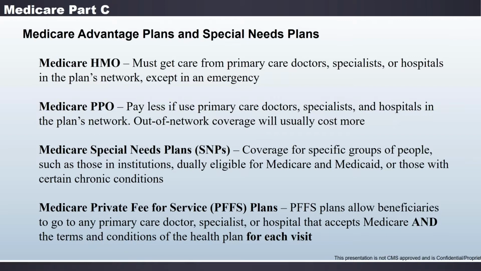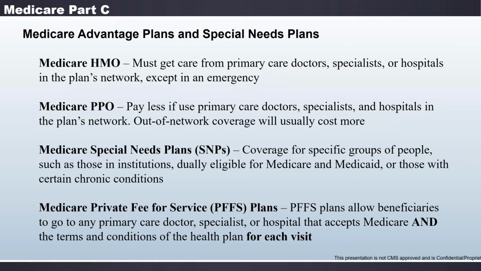Now, Medicare does have what they call special needs plans, and they can be very varied. There are quite a few different ones, but they're coverage for specific groups of people, such as those in an institution, like a nursing home or something like that. Those who have dual eligibility, like Medicare and Medicaid.